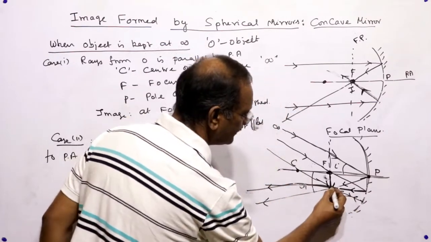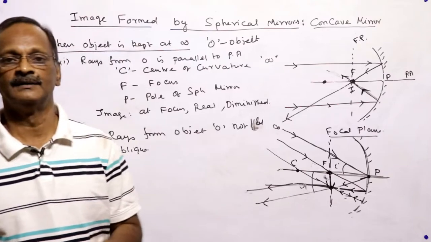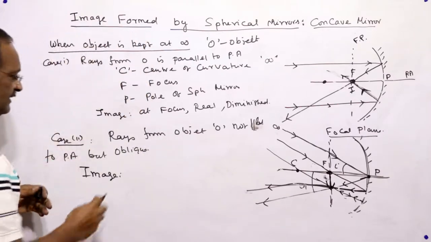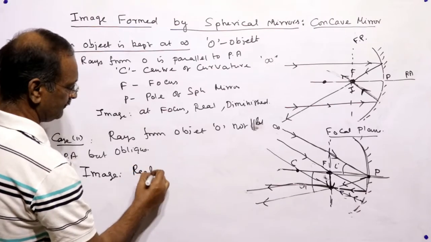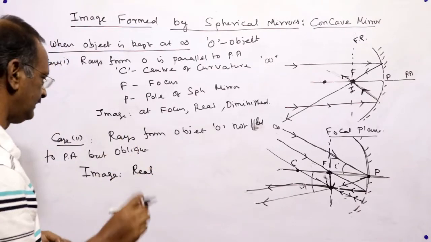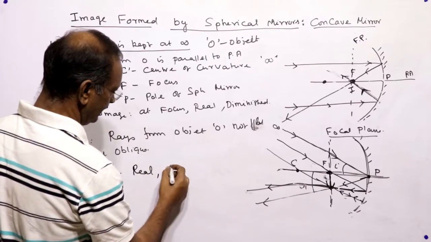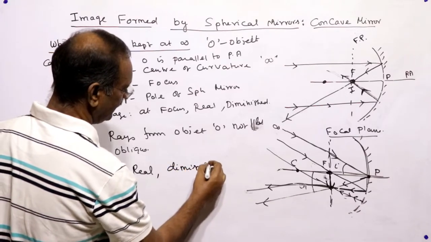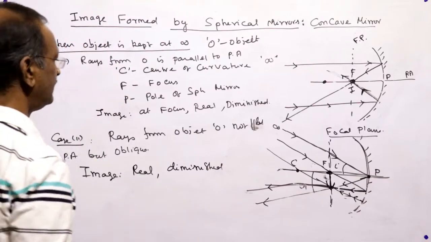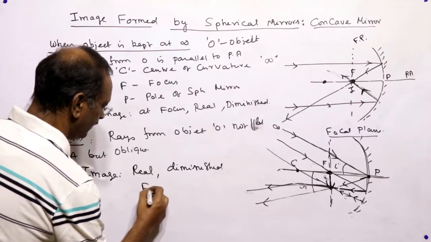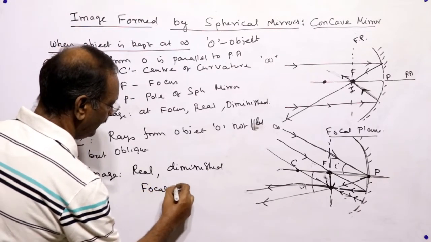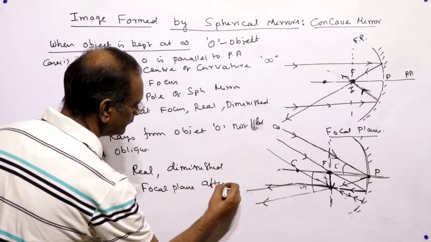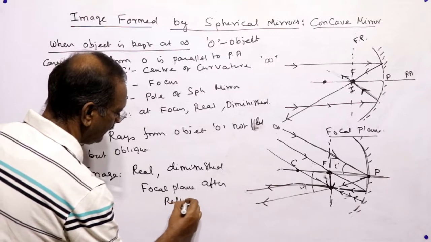At the point of intersection they actually converge, they intersect at a point. So it is a real image, because it is converging at a point. It will be diminished, real, diminished, formed at the focal plane after reflection.